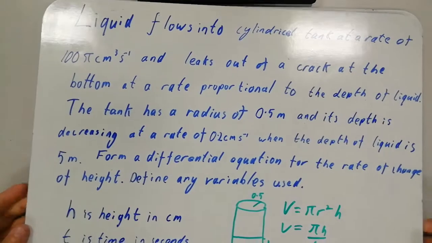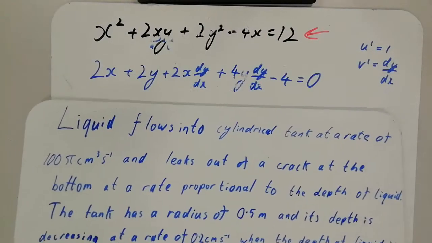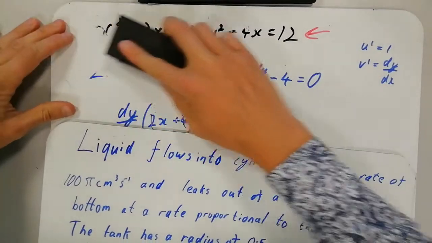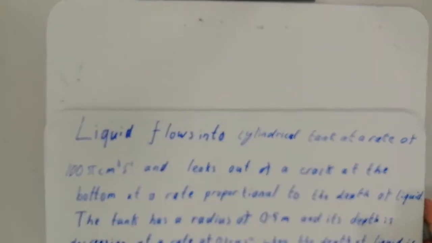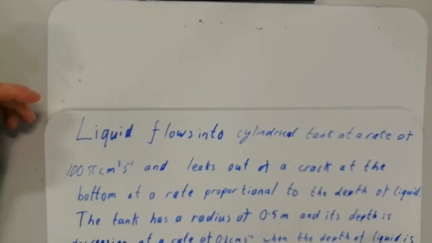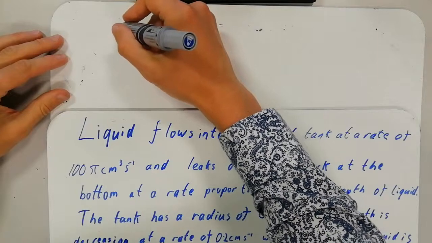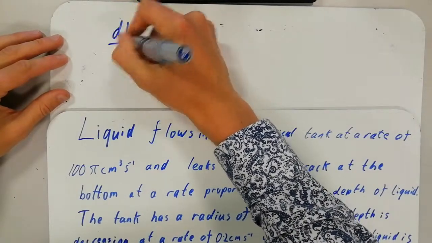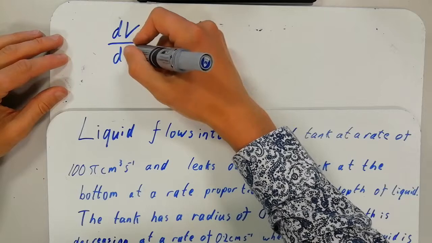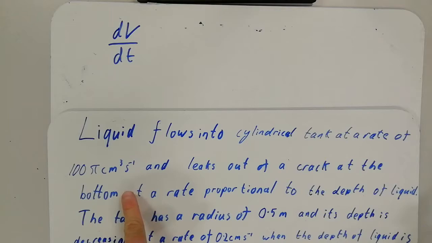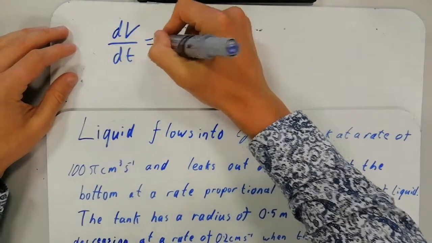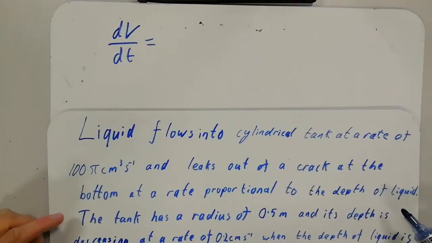So now let's try and form a differential equation for this. I'll just move that there and rub off the previous stuff. So we were told that liquid flows in at a rate of 100 pi centimetres cubed. So that's telling us about the rate of change of volume. And again the water leaking out will be a volume change.